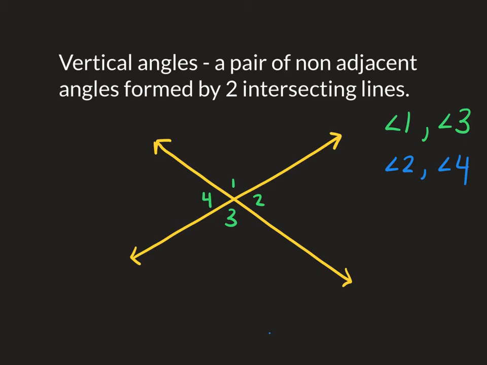So that means that the measure of angle 1 is going to be congruent to the measure of angle 3. So any pair of vertical angles are going to be congruent to one another. So 2 and 4 are going to be congruent. So that means if this is 35 degrees, this is 35 degrees. They will be exactly the same.